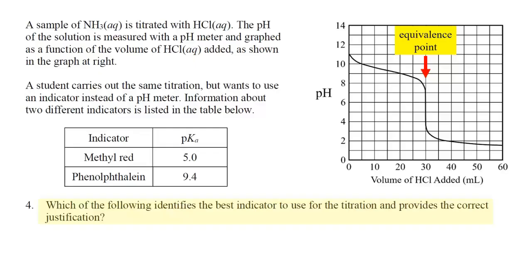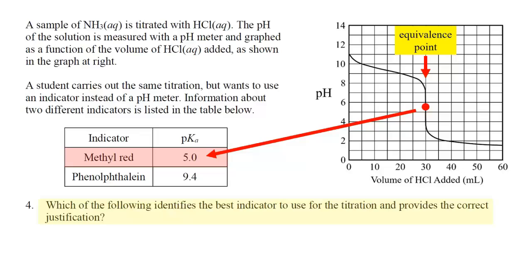So I'm going to estimate that the pH of the solution at the equivalence point is approximately somewhere between pH 5 and pH 6. And to choose an indicator whose pKa value is close to the pH of the solution at the equivalence point, that tells us that methyl red would be the better choice.